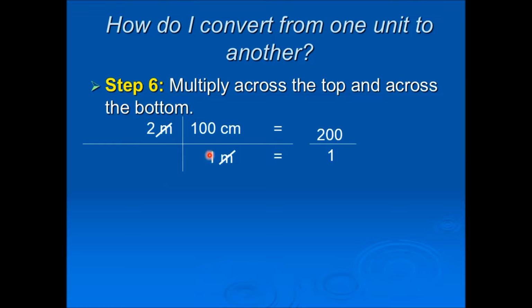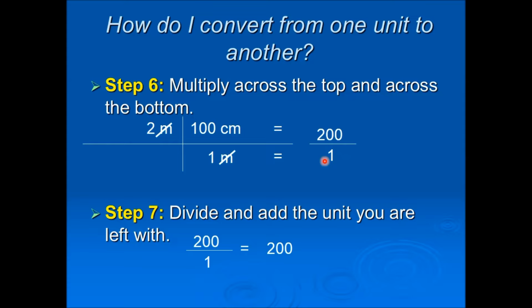So you multiply those together and bring the answer over here. So we have 200 divided by 1. Then the last step is to divide and add the unit that we're left with. So 200 over 1 is 200. Then we're going to bring that centimeters from up here and drag it down here. So now we successfully showed how to convert from 2 meters to 200 centimeters. This was a simple example.